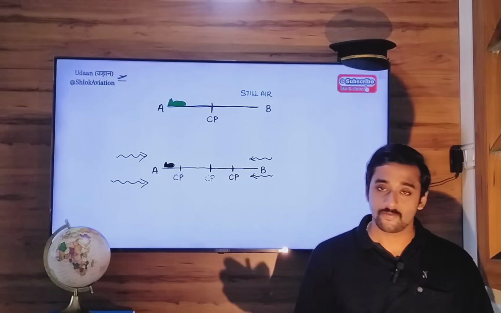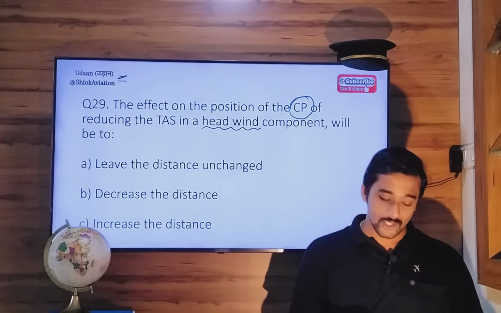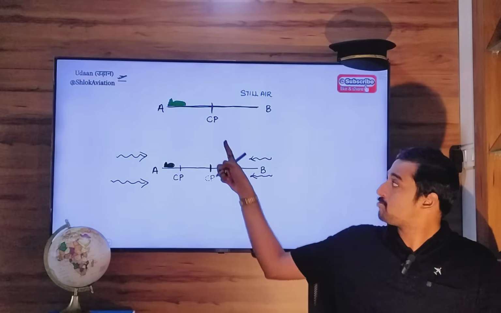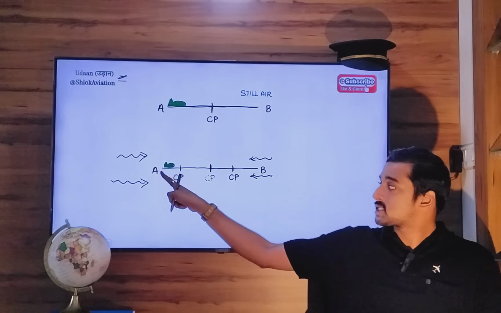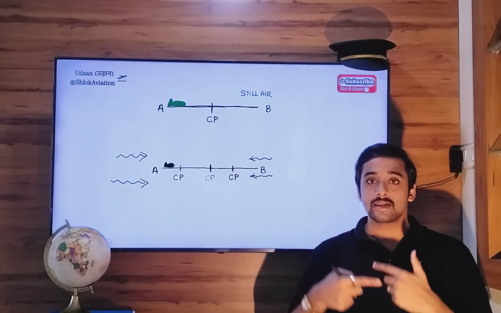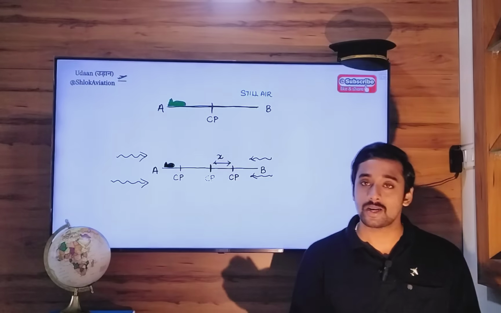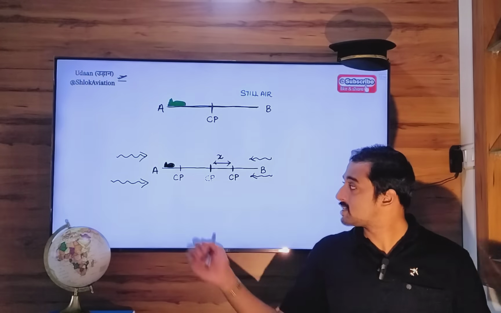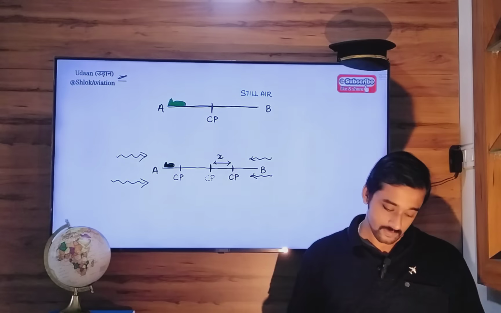Here we have been given a headwind component, so the critical point will move into the headwind. What has happened? The distance between Alpha, your departure, and critical point has increased by this much amount, x. In tailwind conditions, the distance between your departure and critical point will decrease.